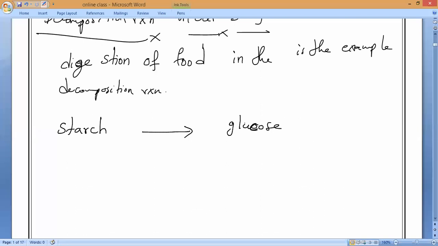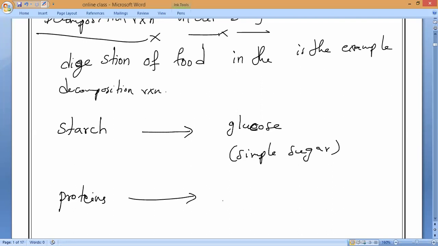Also, the proteins will decompose into amino acids. That is why all these reactions we can say are decomposition reactions.